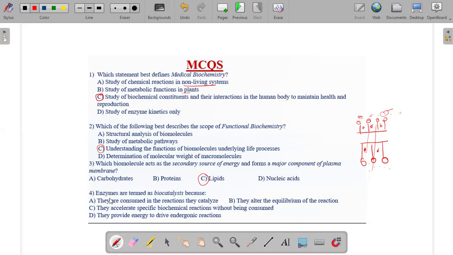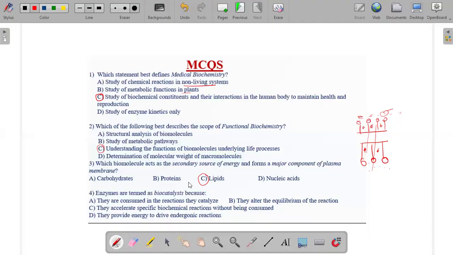All right. So let's go to the last part. Enzymes are termed biological catalysts because they are consumed in the chemical reaction. They catalyze, they alter the equilibrium of the reaction, they accelerate specific biomolecular reactions without being consumed. They provide energy to drive endothermic reactions.